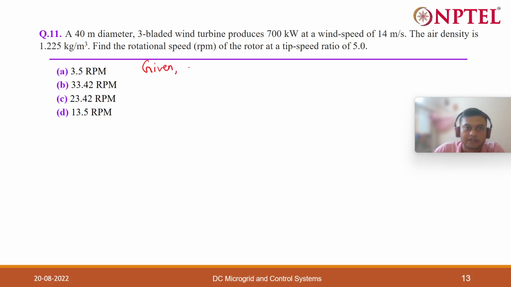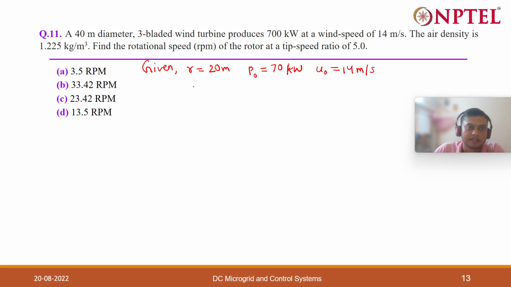So we have the radius of the wind turbine as 20 meter, and we have the output power as 700 kilowatt, and the wind speed, which you can also call the free wind speed u naught, is given as 14 meter per second.